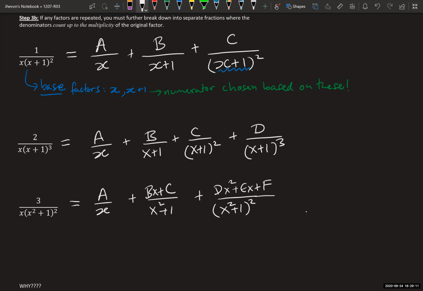Isn't it just dx? Oh, yeah, I was thinking of cubed. No, it's the same one. It's x squared plus 1 all squared. Yeah, so it would just be dx plus e. Right, because you're focusing on the guy inside here, which is a quadratic.